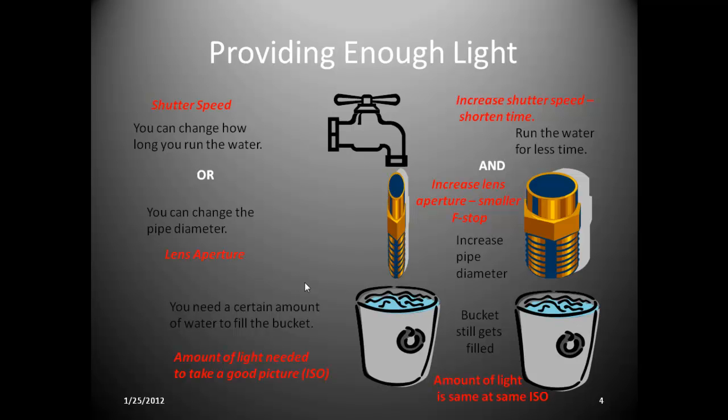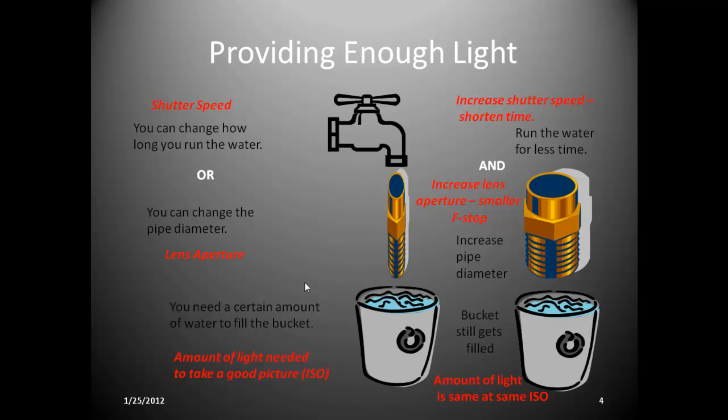For example, a small f-stop number, say f2.8, means the lens is opened very large. It's a large opening. On the other hand, a large f-stop number, like f8.9 or f11, is a small lens opening.